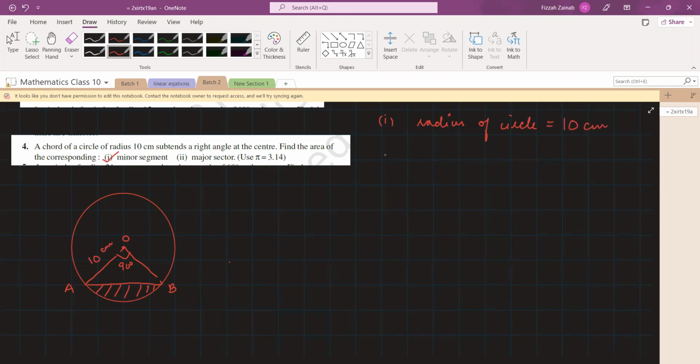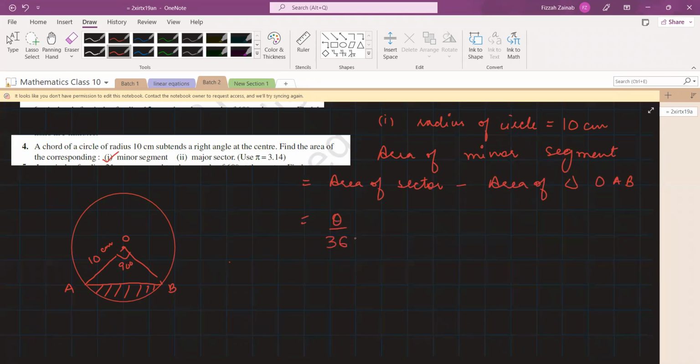So the area of the minor segment, that you know, is the area of the sector minus the area of triangle OAB. The area of the sector is theta divided by 360 into pi r square, minus, again we don't have height here, so we will stick to this formula: r square into sine theta by 2 into cos theta by 2.